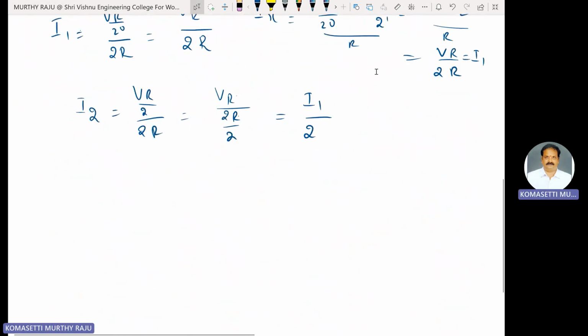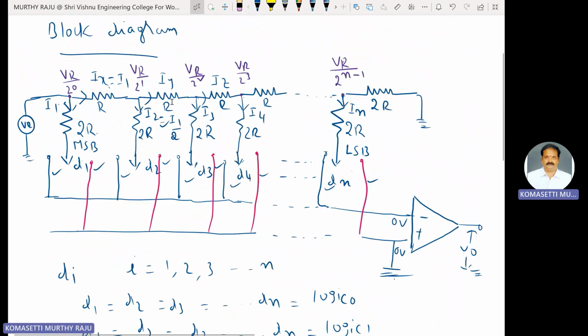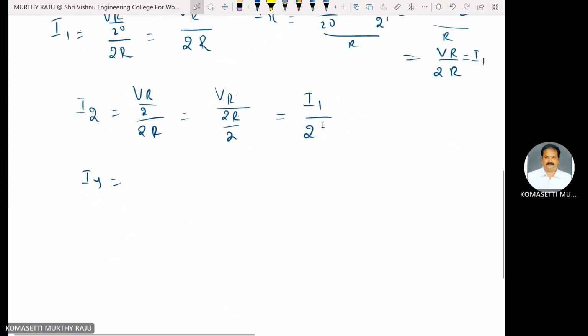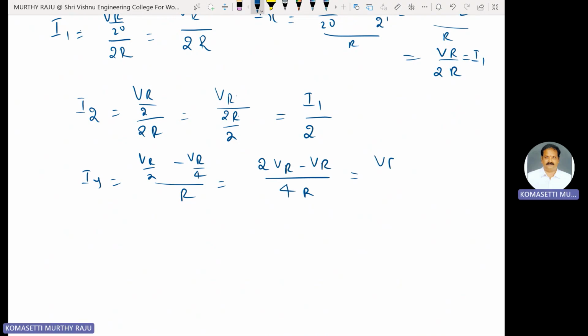Next, calculate Iy. Iy is equal to VR by 2 minus VR by 4, by R. That is equal to 2VR minus VR, by 4R, that is VR by 4R, or VR by 2R by 2.